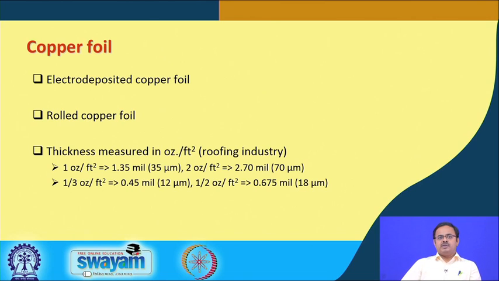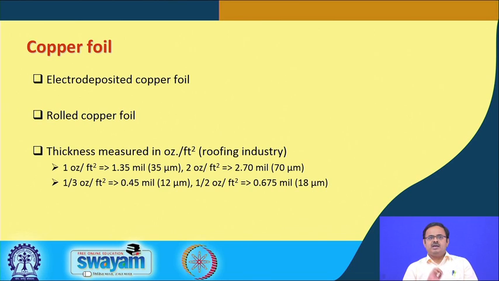Similarly, 1/3 ounce per feet squared or 0.33 ounce per feet squared is 12 microns, 0.45 milli inches. 1 mil is 25 microns, just because 1 inch is 25 mm, therefore, 1 milli inch will be 25 microns. That is the way to remember.